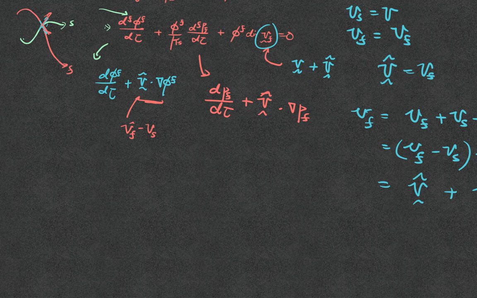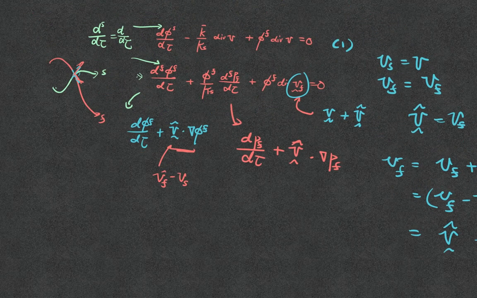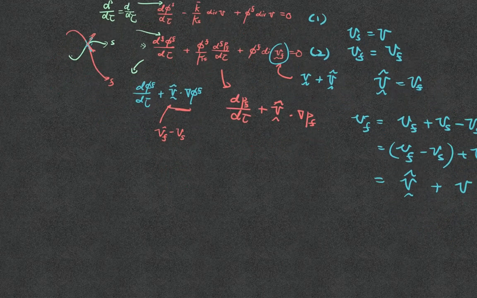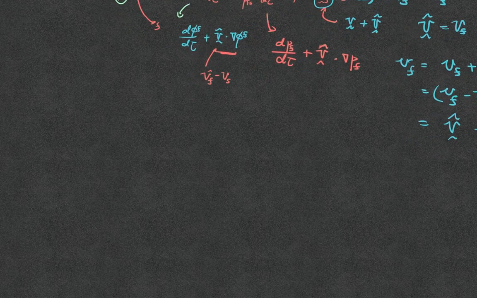So if I substitute this back and combine equations 1 and 2, I don't want to go over all the derivations, but if you like, you can try it at home. I just simply write out the results. I just don't want to keep writing during the algebra.